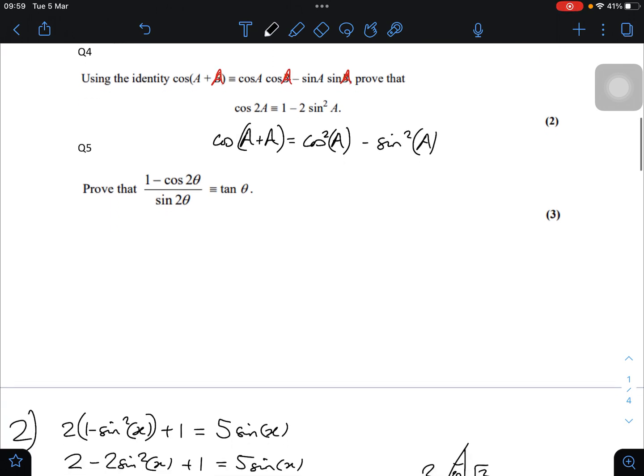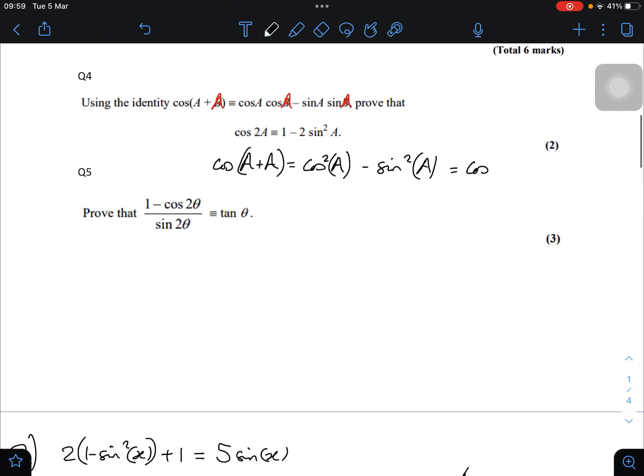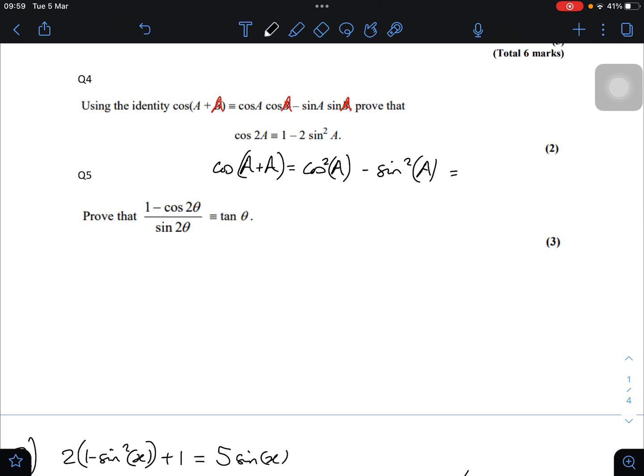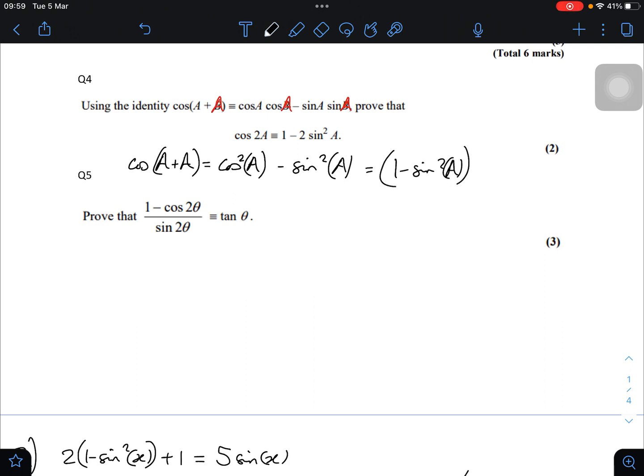And our final step is just to use the fact that cos squared of a is 1 minus sine squared of a, minus sine squared of a. I've just used the fact that 1 equals cos squared plus sine squared, and then rearranged that, so 1 minus sine squared equals cos squared.